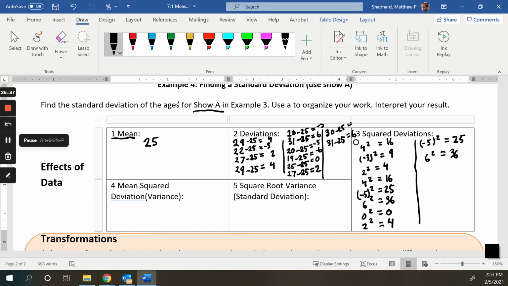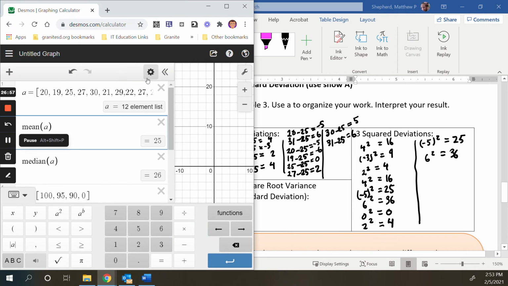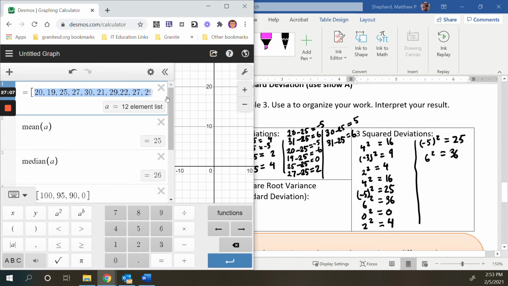All right, so I've found all of my squared deviations. Okay, so I just squared all of them. And notice they're all positives now. So now that they're all positives, what I'm going to now do is find the mean of my squared deviations. Well, finding the mean shouldn't be too hard. I can come over to my trusty calculator and I can go ahead and just change those numbers again and allow it to do all that work for me.